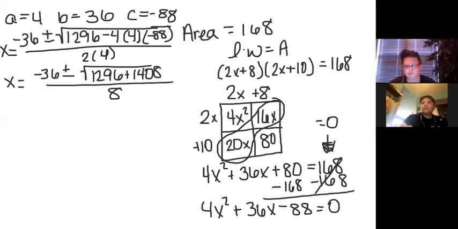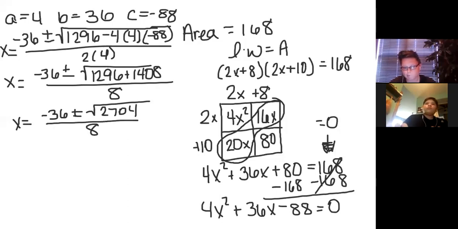So then you add it underneath the radicand, and you're going to get 2,704 over 8. Now, you'll be surprised because I know I was. The square root of 2,704 is 52. So I get x equals negative 36 plus or minus 52 over 8.